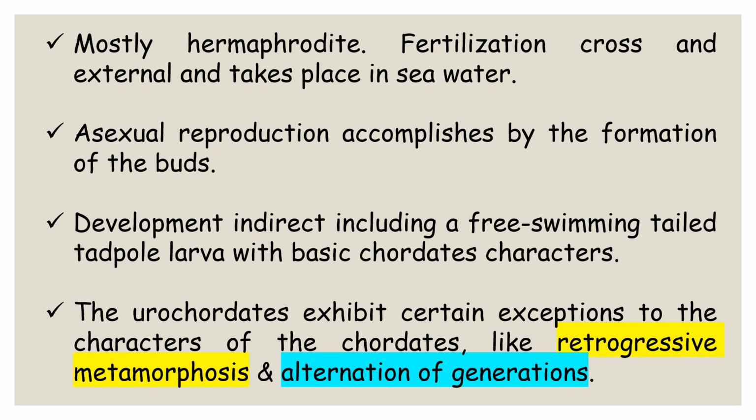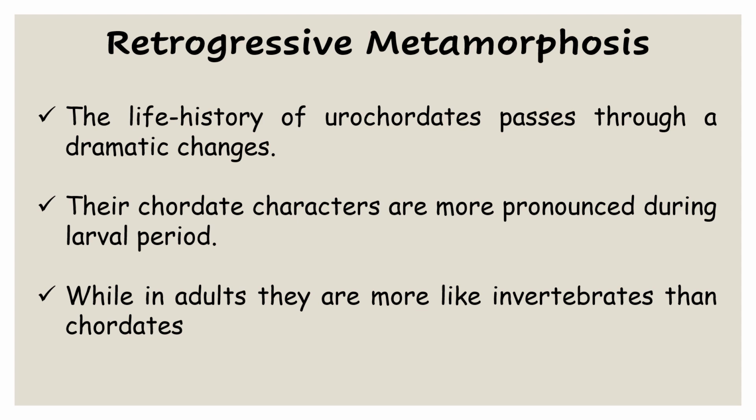Development is indirect, which includes a free swimming tailed tadpole larva with basic and advanced chordate characters. The urochordates exhibit certain exceptions, where the larva is much more advanced than the adult, and this type of metamorphosis is known as retrogressive metamorphosis.